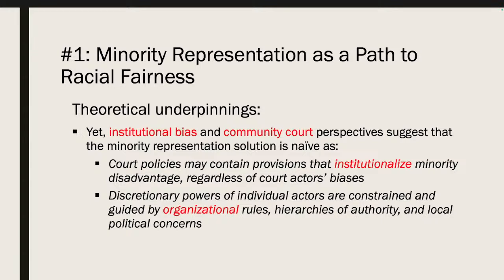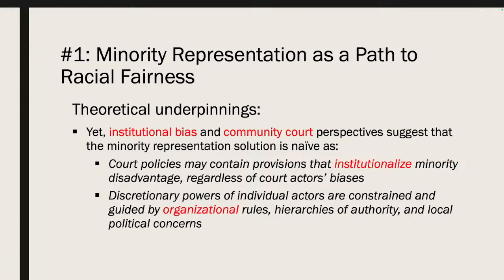in court action. Further, the community court perspective says discretionary powers of individuals and even groups, work groups, are constrained by organizational rules and hierarchies of authority. Chief prosecutor, the presiding judge of the jurisdiction.